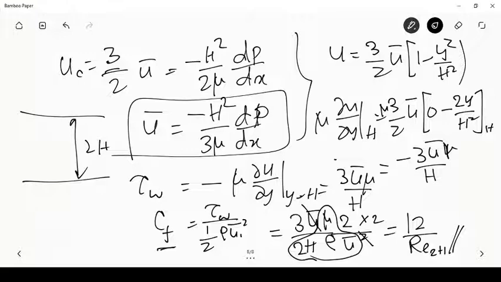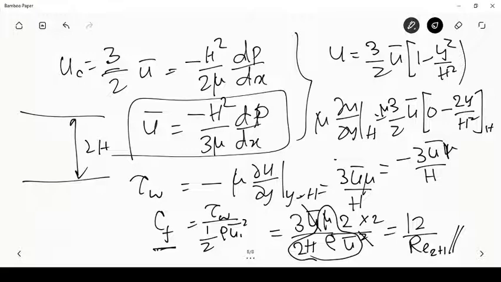So this CF, skin friction coefficient, is the shear stress at any location divided by this. Now this shear stress is for the fully developed region. Okay, so that is going to be constant with x, and that constant friction factor is going to be 12 divided by Re 2h. Okay, so that is the friction factor that determines pressure drop at that location.